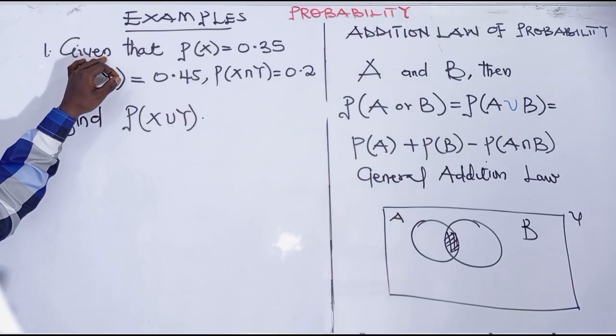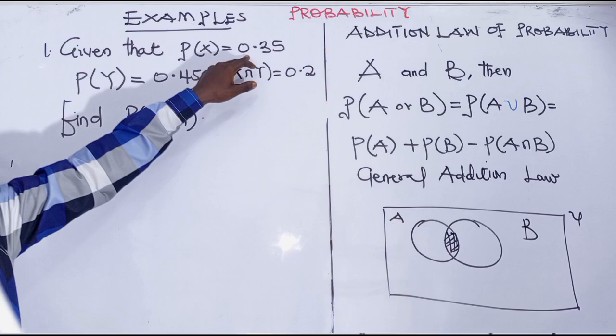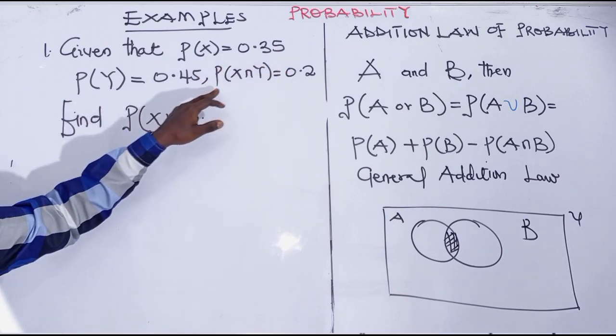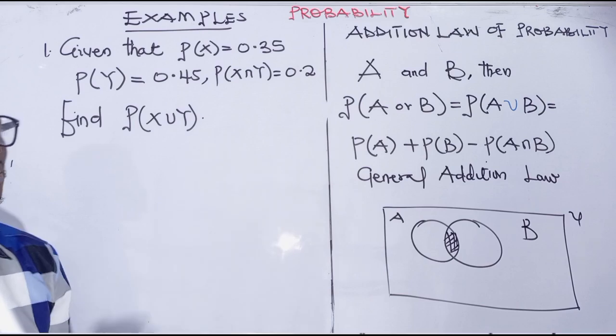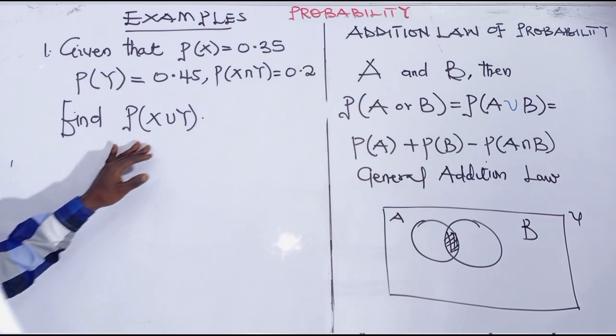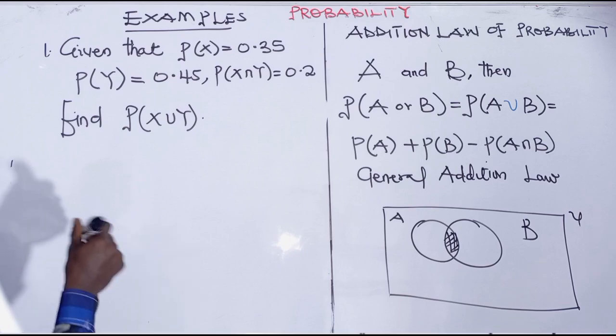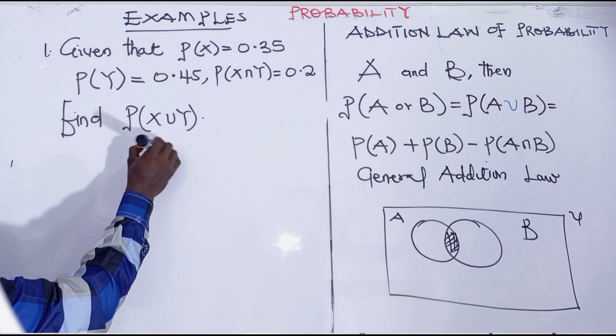Given that P of X is 0.35, P of Y is 0.45, and P of X intersection Y is 0.2, we want to find the probability of having X union Y. So we have our solution.